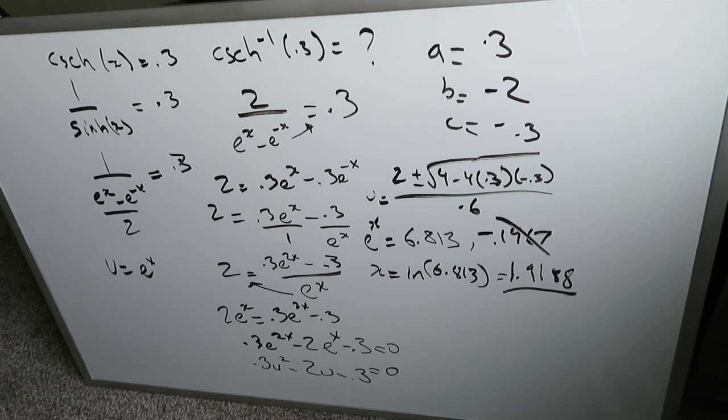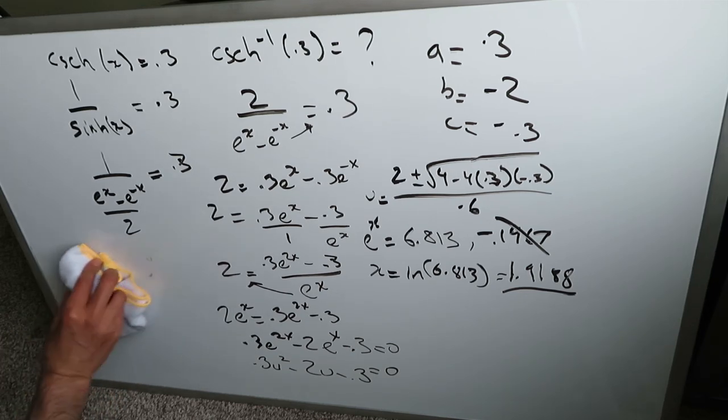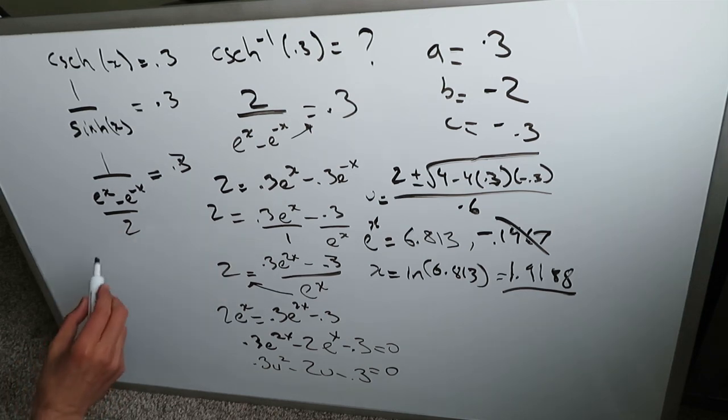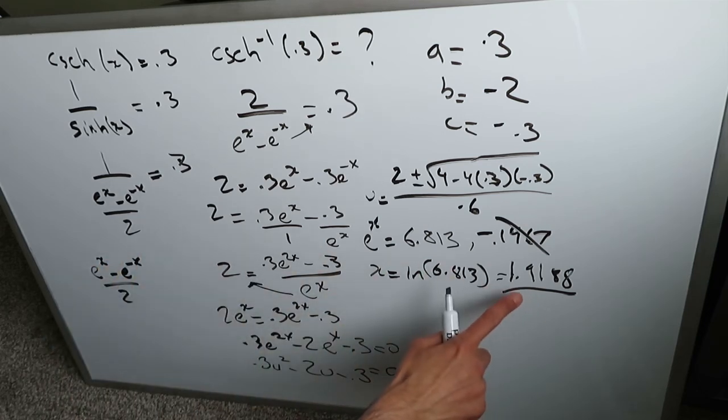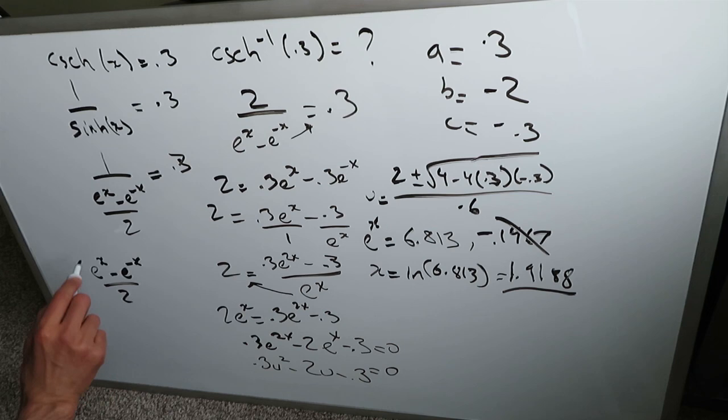How do you actually check your answer? Well, it's rather easy but elaborate. Let's look down over here actually. You know your basic sinh formula is right over here: e to the x minus e to the minus x over 2. Wherever you have this x, you'll put that 1.9188. But this is for the sinh x.